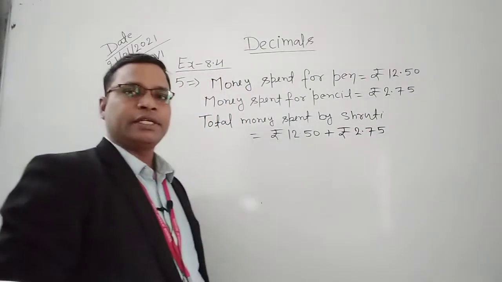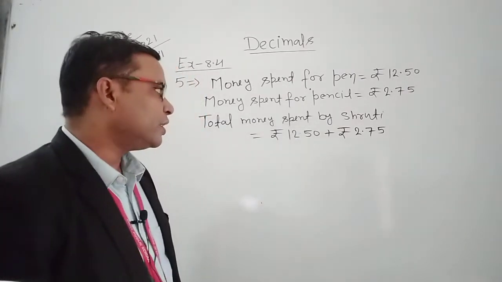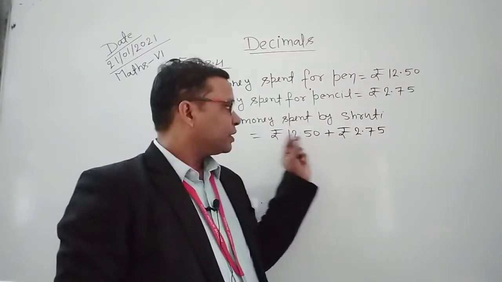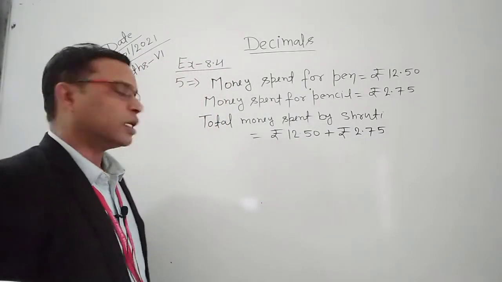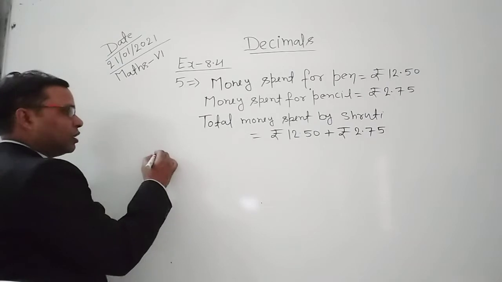This is clear. Now, if you are unable to add in this method, this is the horizontal method, so you can use the column method like this.